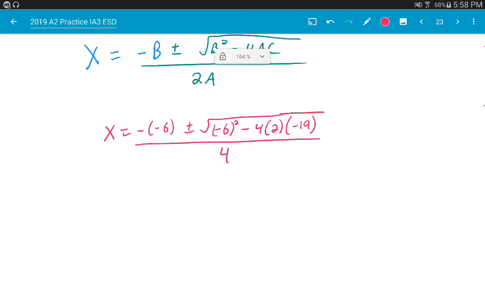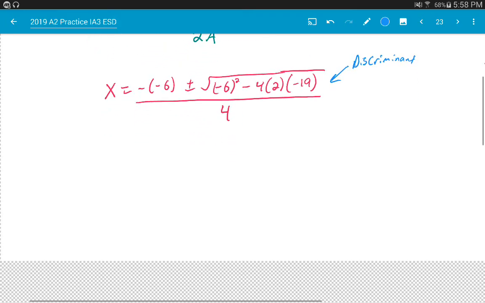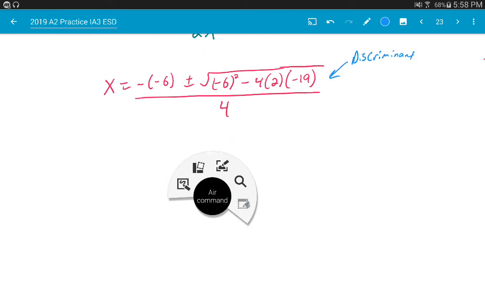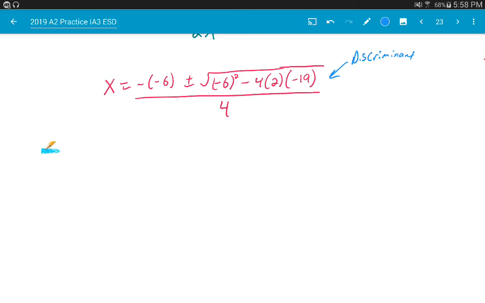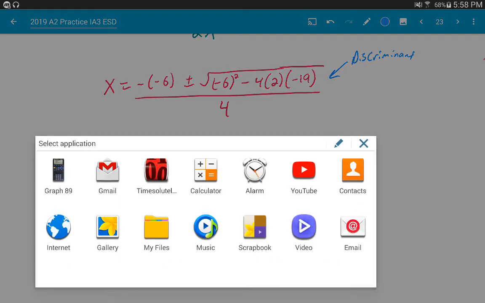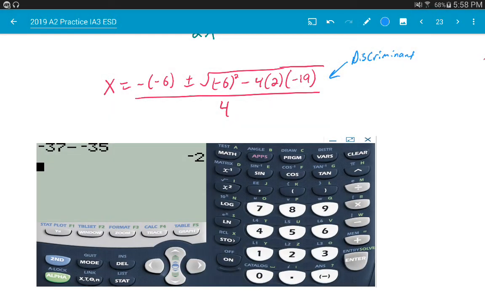Now this underneath the radical, this is called the discriminant. It's right here. I'm going to do that in my calculator in one move, so I can figure out what is going to go under that square root. So let's see.